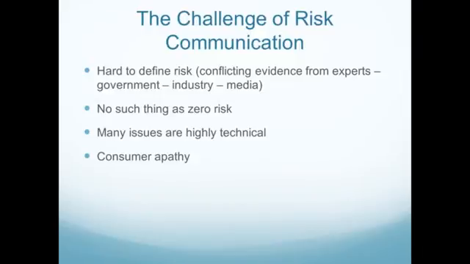Experts, academics, for example, one says it's high risk, one says it's low risk. Industry will say, well, there's no risk here, and the media sometimes tries to hype the story, but other times not. Really the media tries to give a balanced overview, but even they're getting conflicting evidence, and they're very good at communication, but they might not know the science.